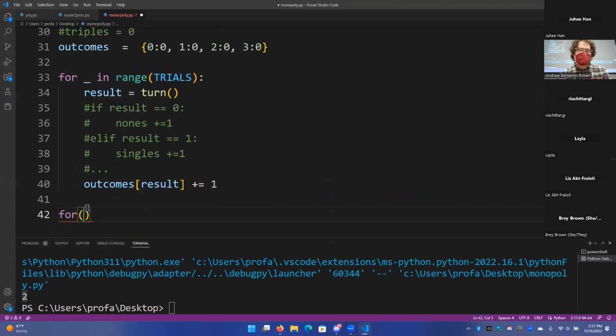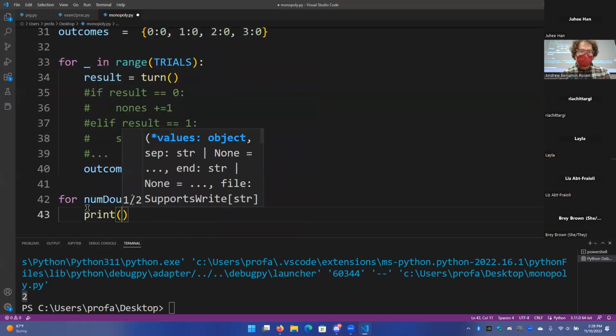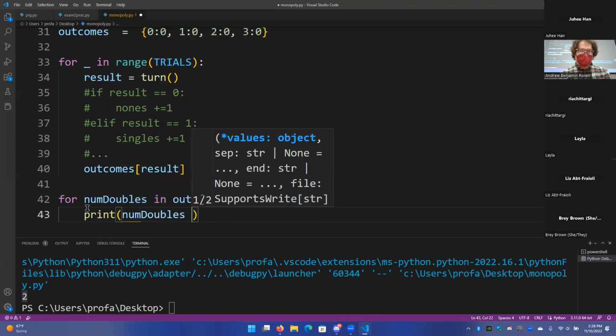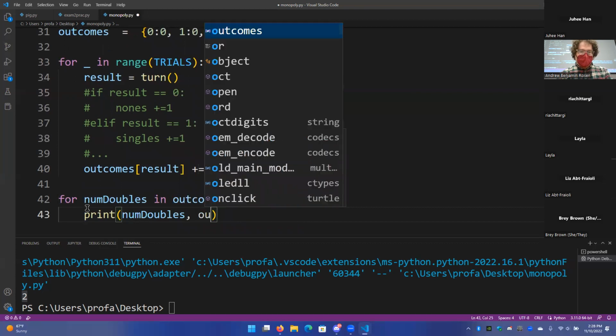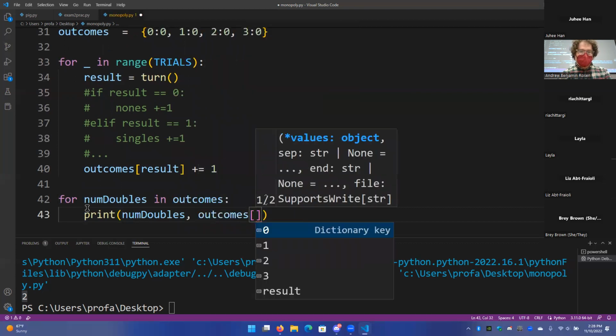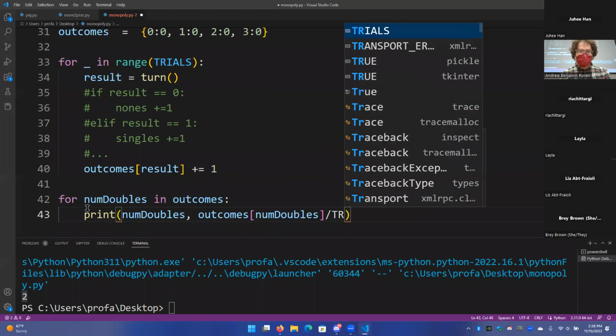Here for this one, same idea, num doubles in outcomes. So for print and how many doubles there were, and then outcomes of that divide by trials.